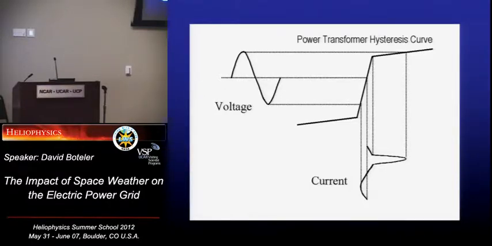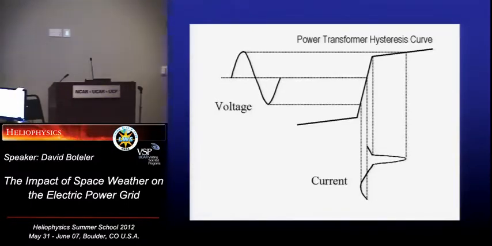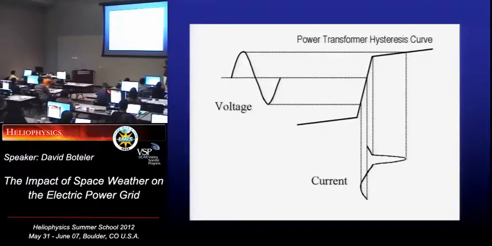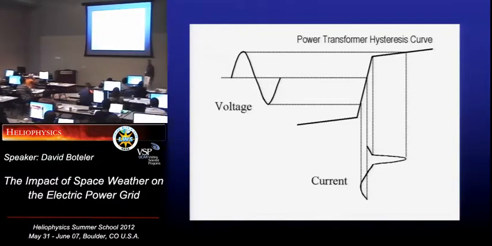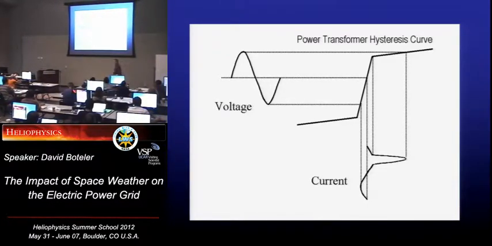If you just trace each point on the voltage curve across to the curve and down here, you can construct the waveform for the current. And you can see every half cycle like this, you get a large spike in the current. And that's one of the main problems due to GIC.